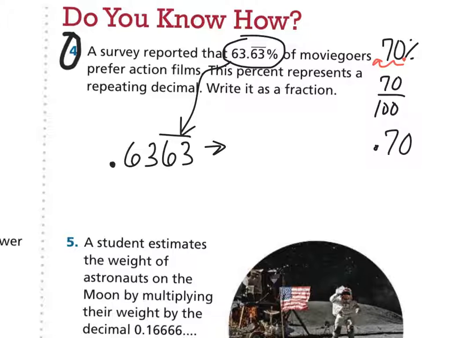So really, to make this look more like what we've been talking about, we can just rewrite it this way, where we have the repeating sign right after the decimal, and that will allow us to then write this as a fraction. It's got 2 digits after the decimal point, so we can write it as 63 over 99.